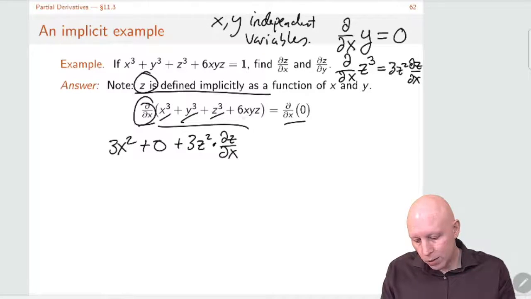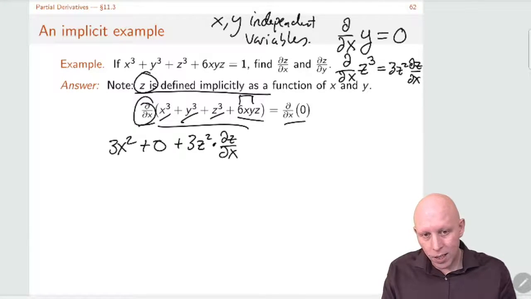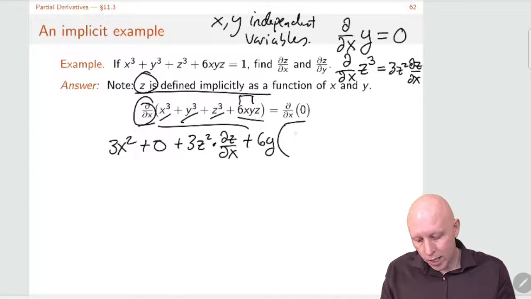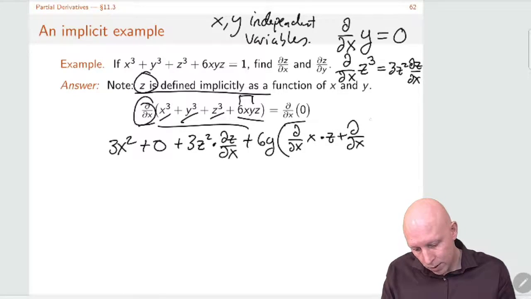Now we have to take the derivative of a product. So when we're taking the derivative with respect to x, 6 and y are constants, so let's bring that out, 6y. And now we have x times z, so we'll have to use the product rule. So we take del x of x times z plus del x of z times x, all equals 0.